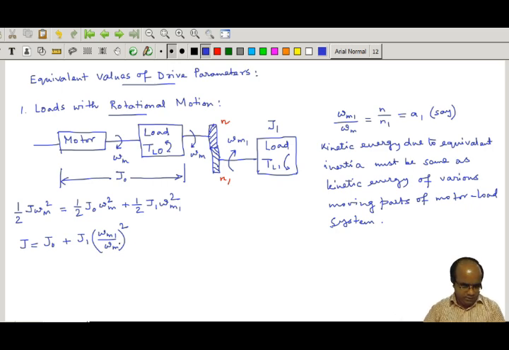Okay, that is J equals to J0 plus J1 a1 square.